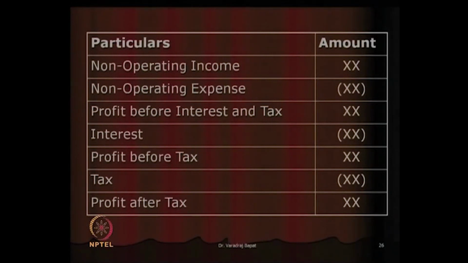Now, what is a non-operating income? Can you think of an example? Same example if we continue. I am a stationery dealer. I have sold off old furniture, that is an example of non-operating expense, the loss on sale of old furniture. What could be a non-operating income for me?